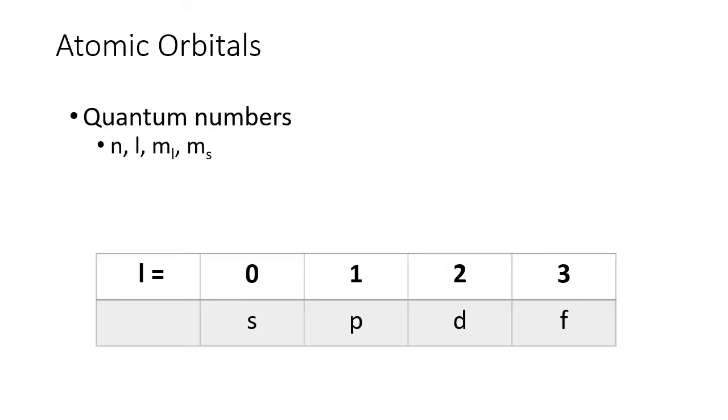You might recall that atomic orbitals, their address, is defined by something called the quantum numbers. And the quantum numbers are n, which is the principal quantum number, L, which is called the secondary quantum number, m sub L, which is the magnetic quantum number, and m sub S, which is the spin.